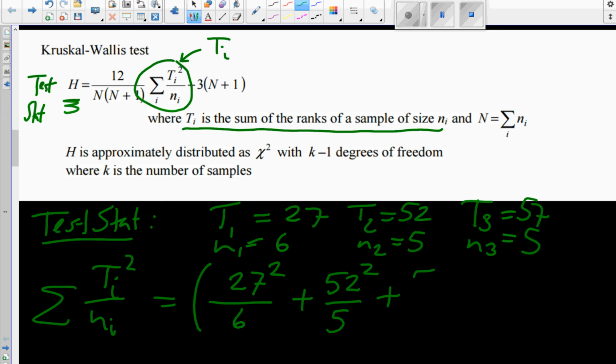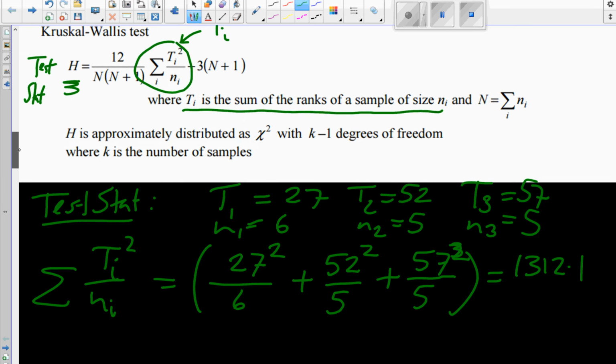And finally, T3 is 57, so we've squared that, and we've divided it by 5. And if you carry out that calculation with your calculator, you should get that it adds up to 1312.1. So that's our inner calculation there for what we've got in the bracket.